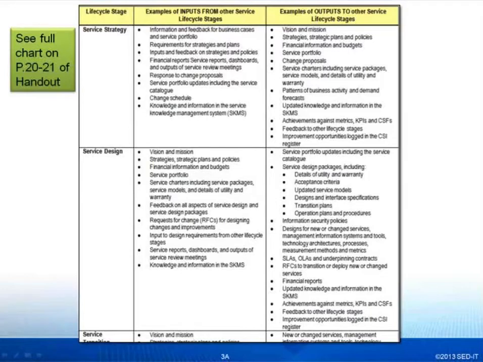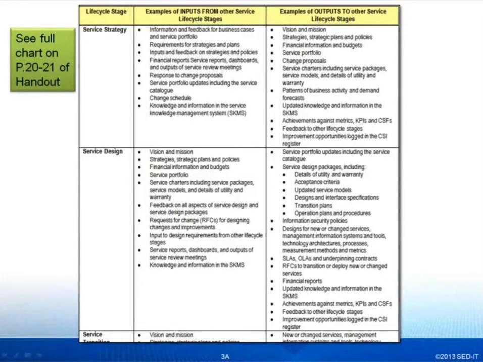Well, let's first of all look for the patterns, right? So if you look at examples of outputs to other service lifecycle stages, which is column 3, for service strategy, it starts off vision, mission, strategy, strategic plans, policies, financial information. Quite frankly, you can figure this out if you just remember the processes that are in strategy.